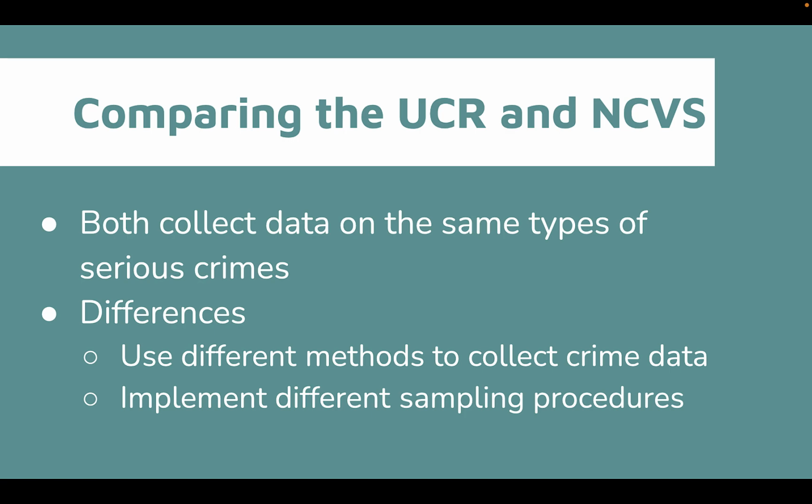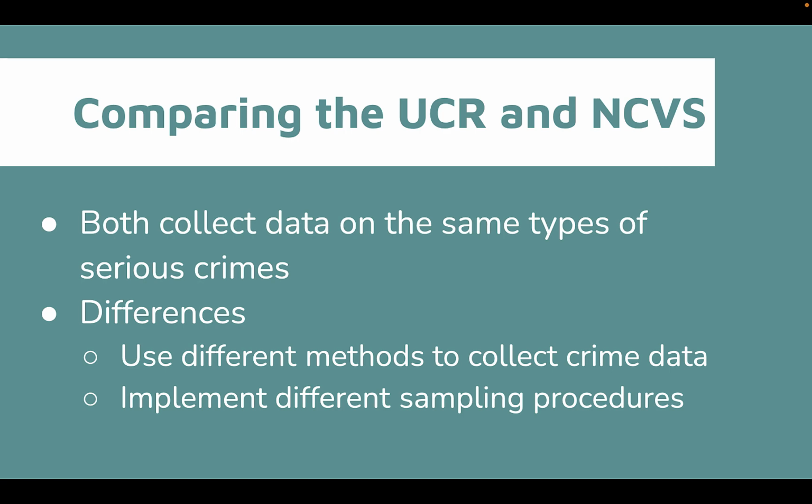And some of the other differences are each program was developed to serve a very different purpose, right? The UCR is more for the organization of criminal justice itself, versus the NCVS is more to fill in the gaps. The types of crimes that they're looking at are not necessarily identical, so they can't often be compared across cases. They use very, very different methods to collect crime data.